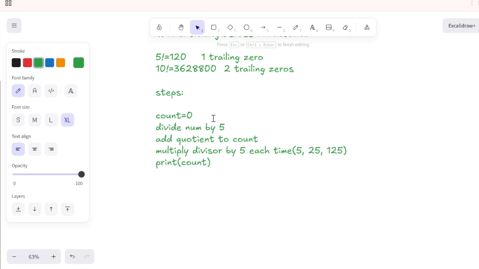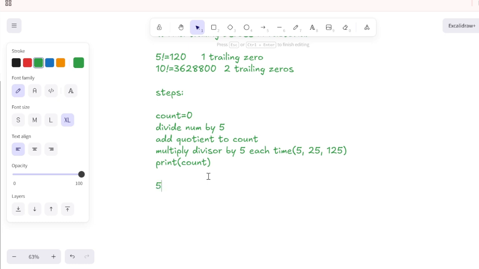Initialize count to 0, divide num by 5. Why we use 5 for division is that we want to find the numbers which have zeros at the end. Basically 2 into 5 is 10. Since there are always more 2's than 5's, count only the number of 5's in the factorial.